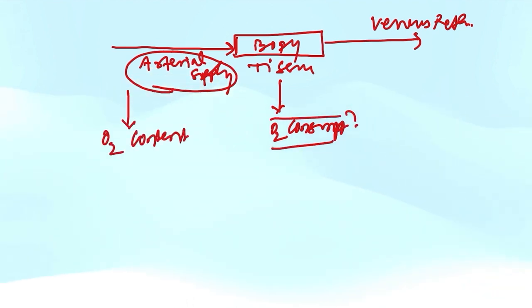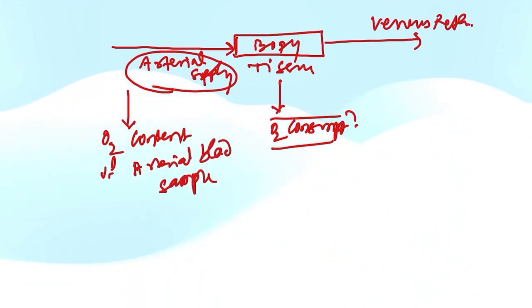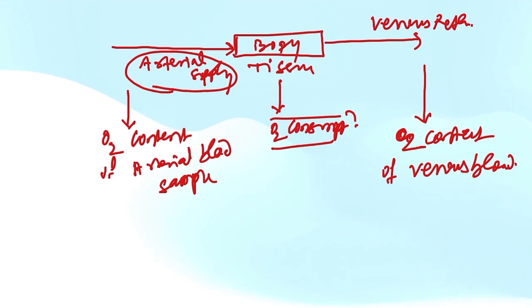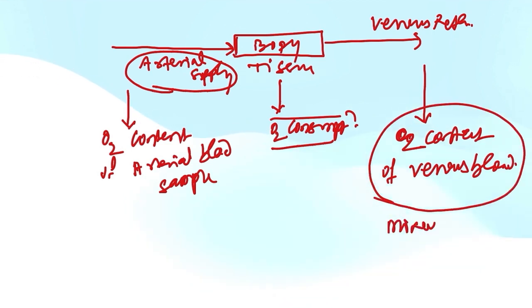Are you getting the concept? So now we will be calculating the oxygen content of an arterial sample and venous sample, and upon taking the difference we will be getting the oxygen consumption of the body.